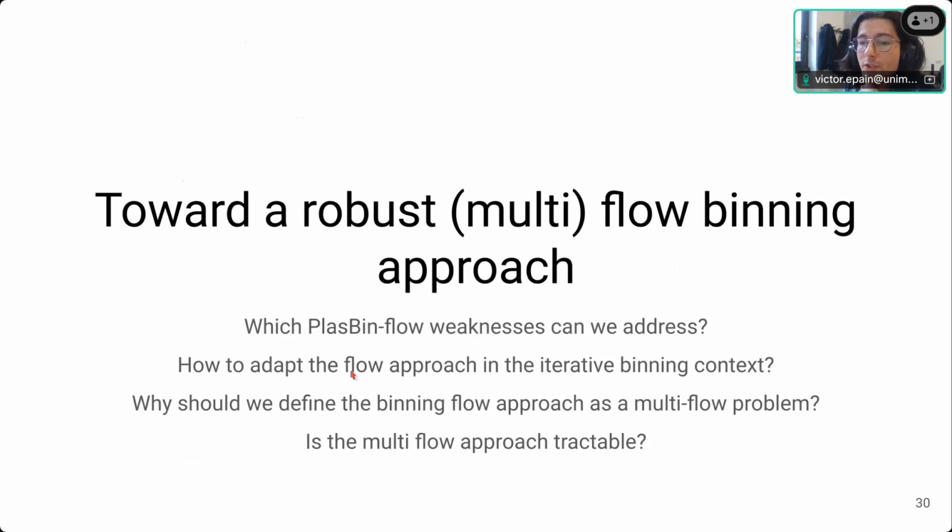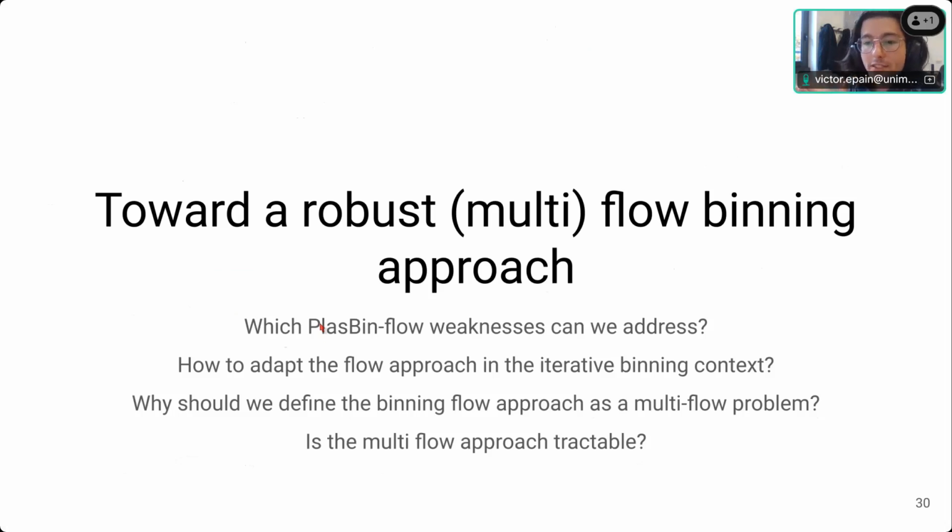And now that I have presented you PlasmidFlow, I want to go toward a robust multi-flow binning approach. Whatever. The questions I will address here are: which PlasmidFlow weaknesses can we address and can we solve? Because sometimes we are limited by the technical choices we have made, especially with the MILP.